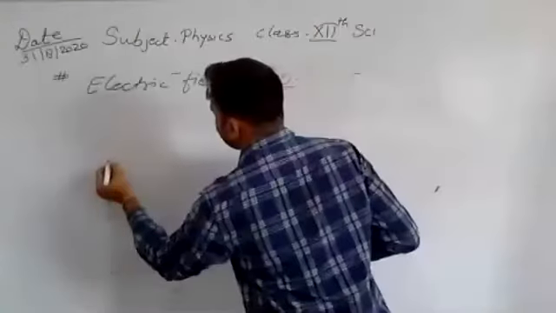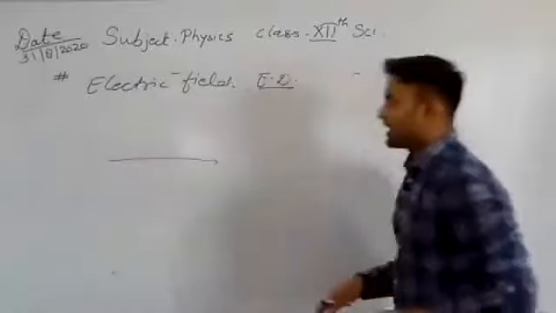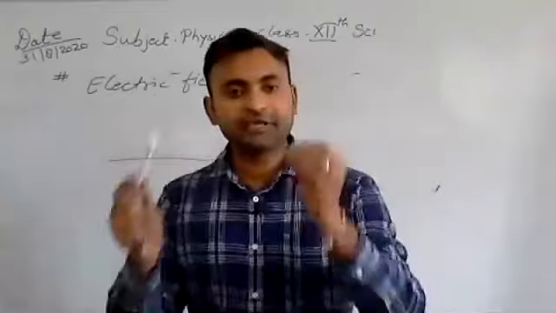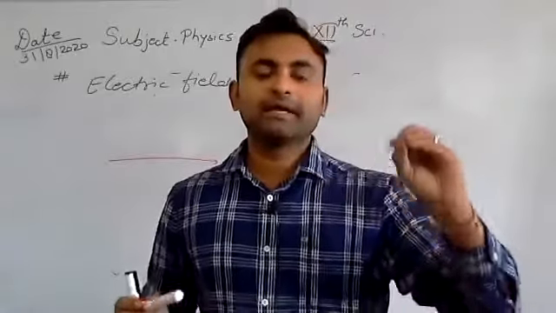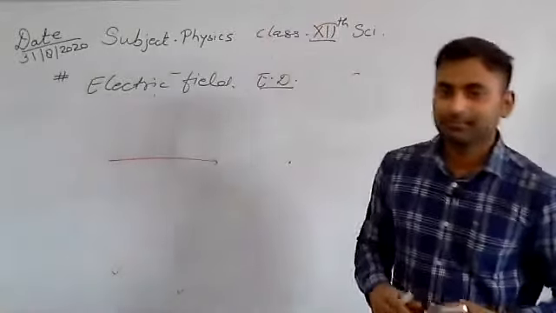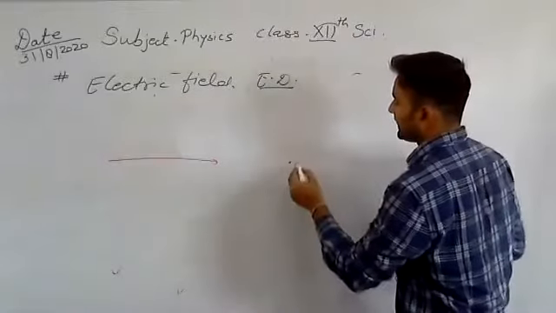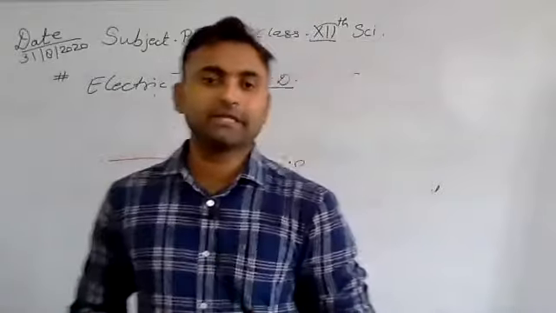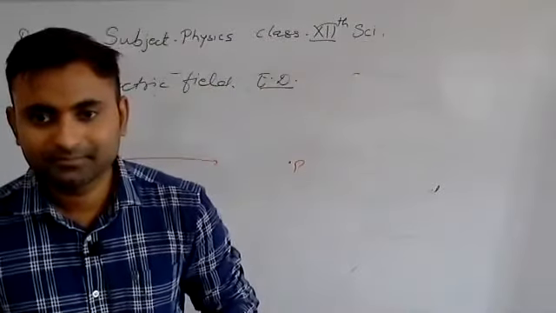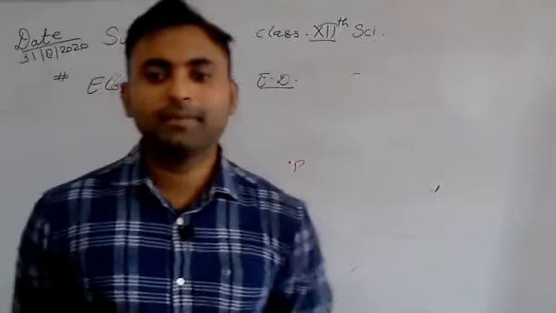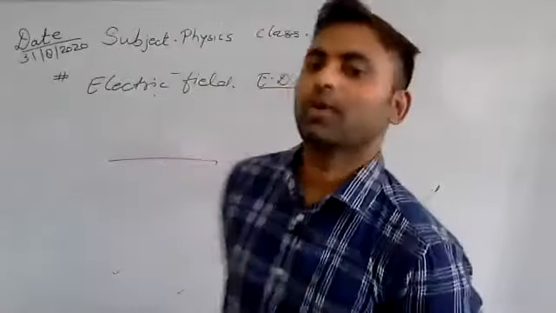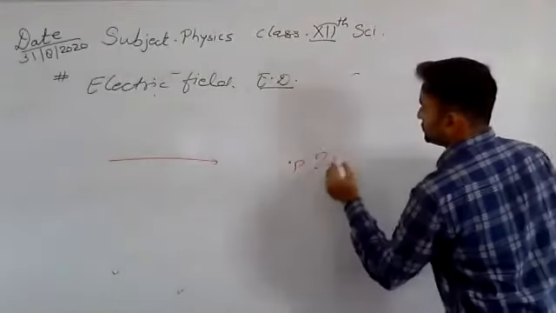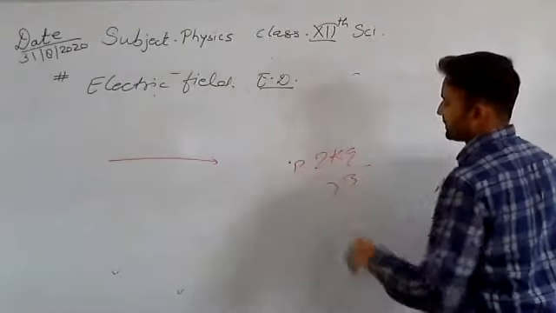Then please tell me, at a coaxial point P, what will be the electric field intensity due to an electric dipole? It is 2kp by r cube. Very good.